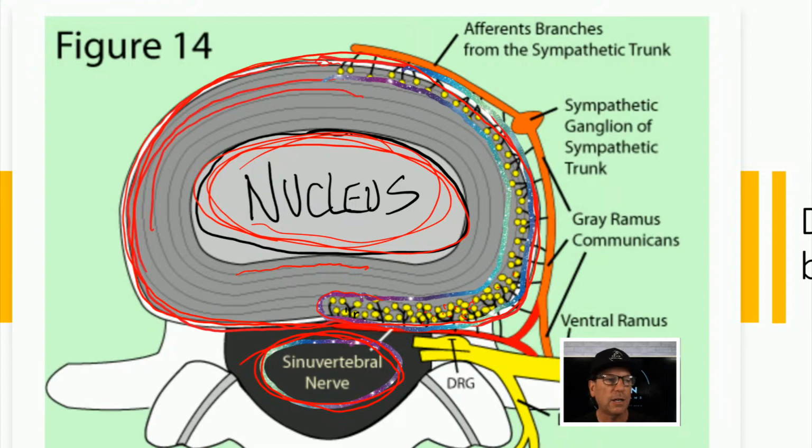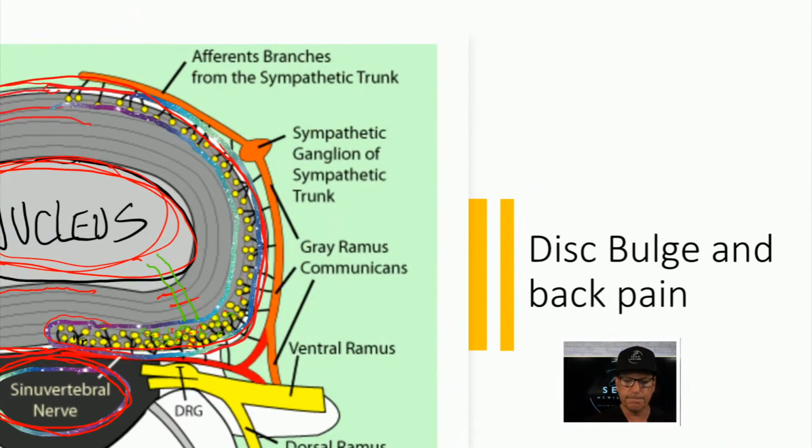However, when those tear, and these can tear, and this jelly can start to push out and start coming out this way, and if it starts to irritate all these little yellow sensors, or some of them, you're going to get a lot of back pain. So let's go look at this next slide here.